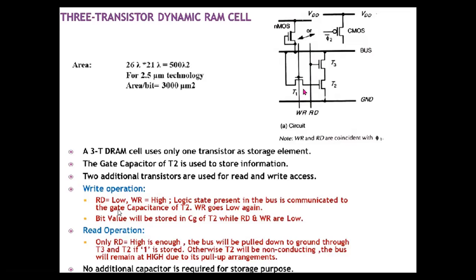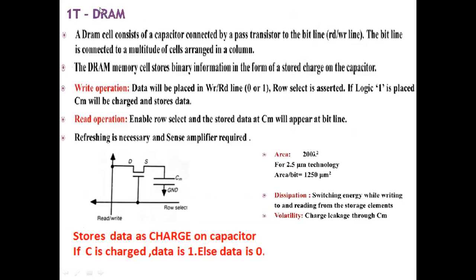Okay, so next is the 1 transistor dynamic RAM cell. We use only 1 transistor, and this can be used for the storage of information or data.